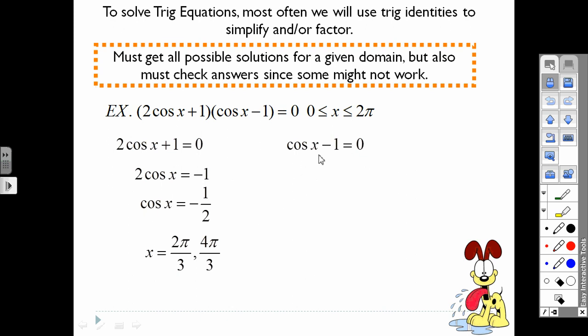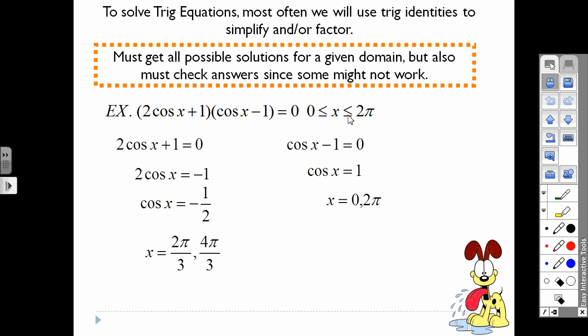Next, we're going to go over to this equation, do the same thing, but the only thing we have to do is add the 1 to the other side before we can figure out what angle, when you take the cosine of it, you get 1. So look at your unit circle, and that gets you 0 and 2 pi. Now we do get to use both of these because there are equal signs with our inequalities, so we can have our answer be 0 and we can have it be 2 pi.